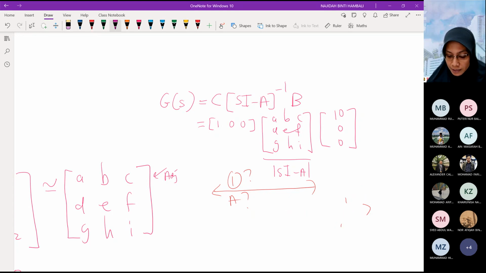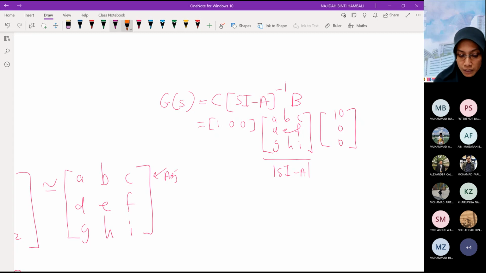Okay, so in this case, let's say if I want to settle down the inversion of sI minus A with matrix C first, katalah saya nak settlekan dengan matrix C dulu.